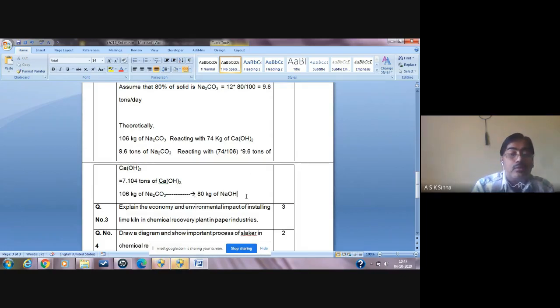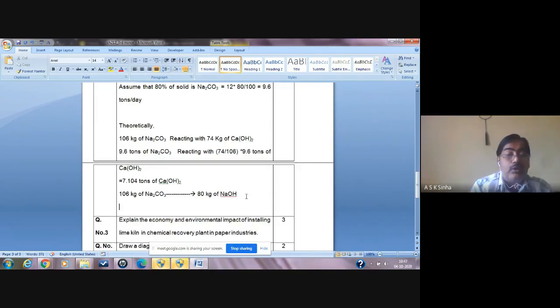NaOH, right? So again, you can see here mainly how much is the quantity of sodium carbonate here. Sodium carbonate is 9.6. So 9.6 tons of sodium carbonate will result in how much quantity of NaOH?